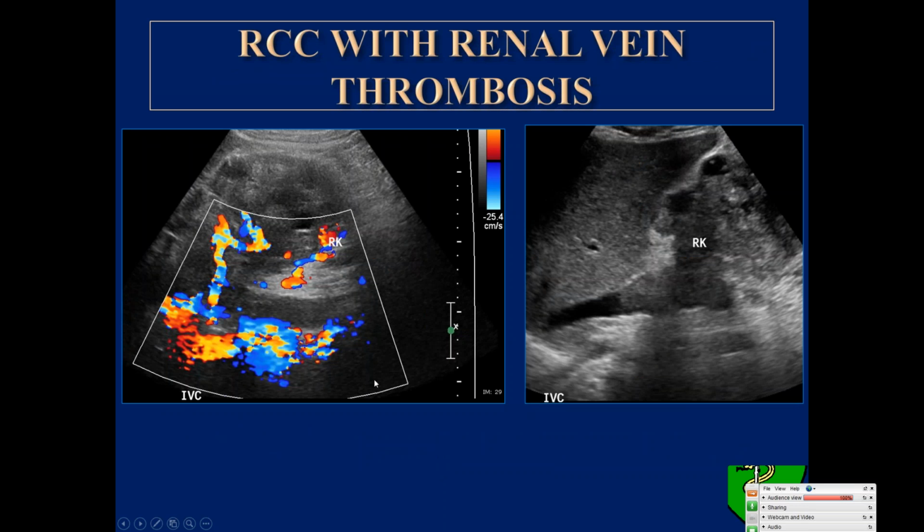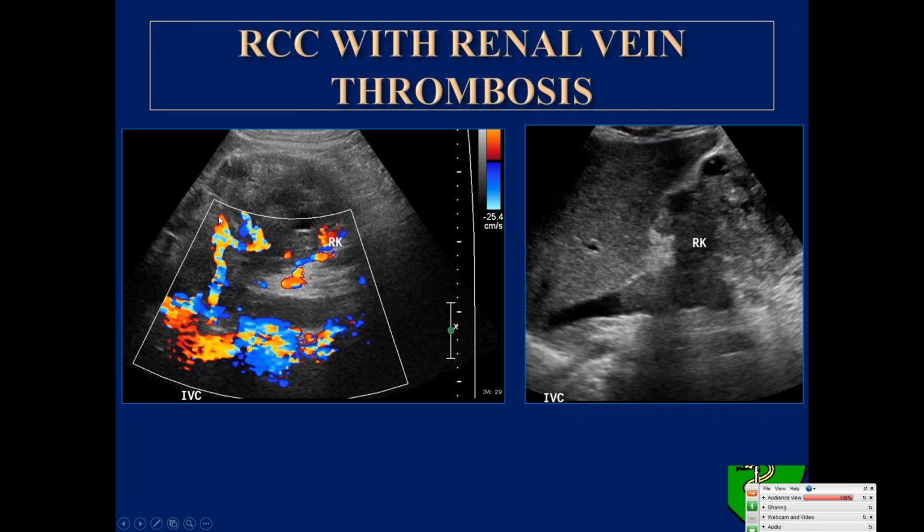Other things we look for when evaluating renal arteries: we are also interrogating the veins. Sometimes patients may have very vague symptomatology, and referring physicians don't really know exactly what's wrong with the patient, and they send for evaluation of renal artery stenosis, but we do find a different kind of abnormality.